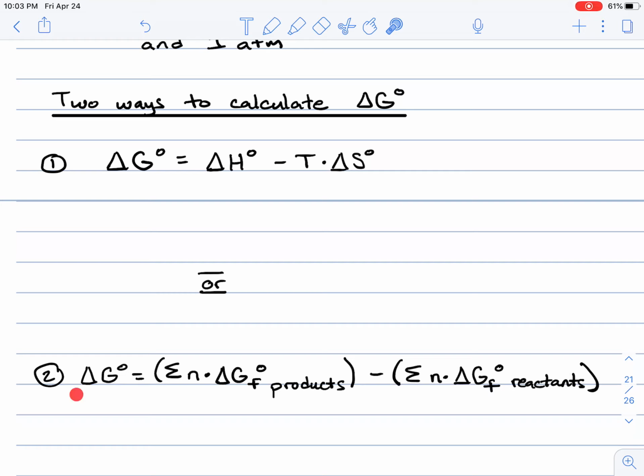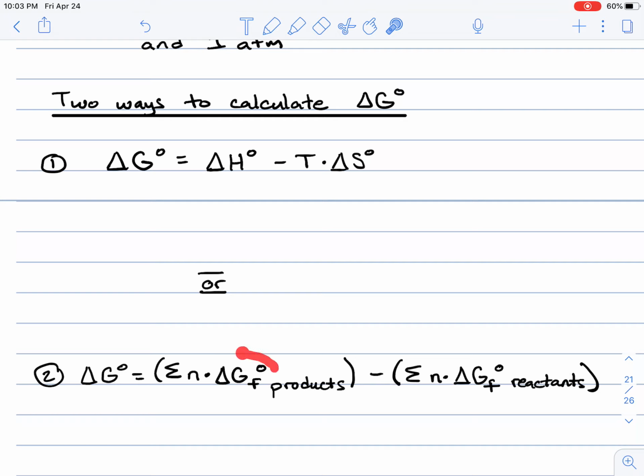And so the change in the standard free energy is going to equal the sum of the number of moles multiplied by the standard free energy change of formation of each of the products that's present, minus the standard free energy change of formation of the reactants.